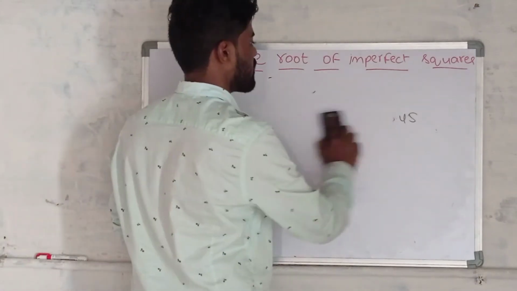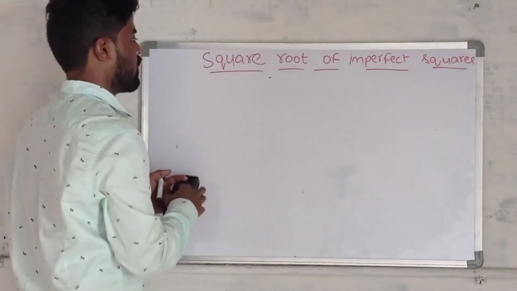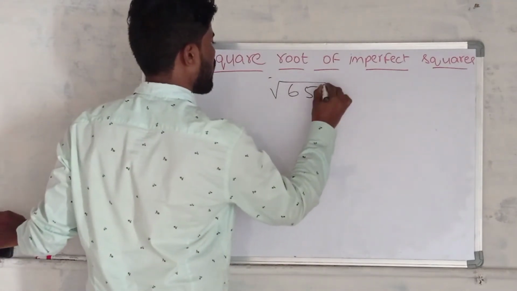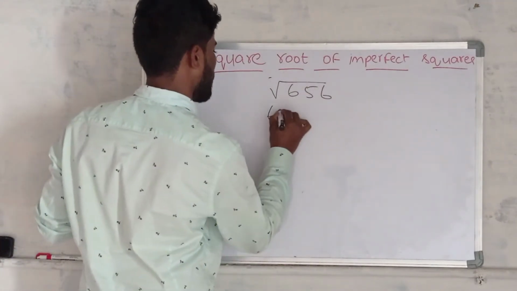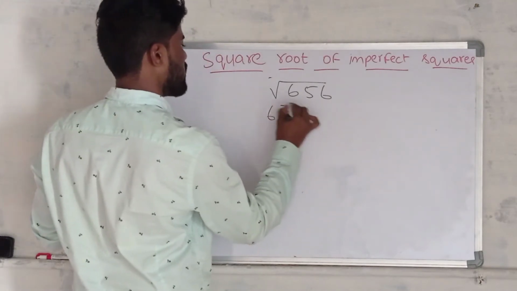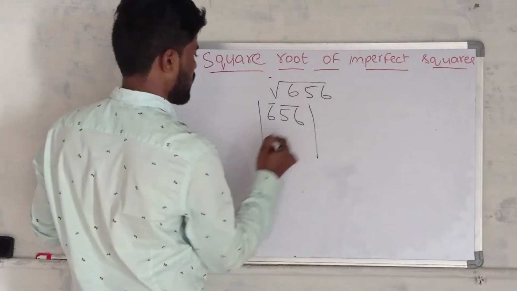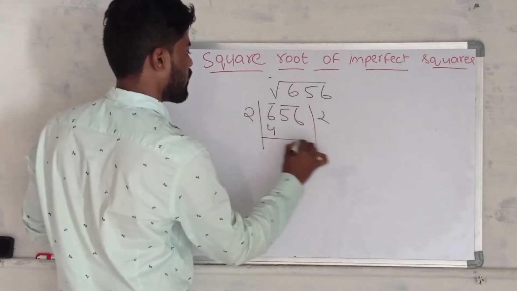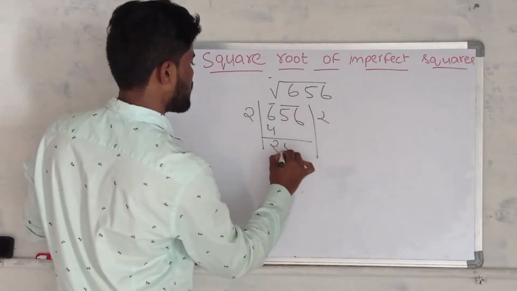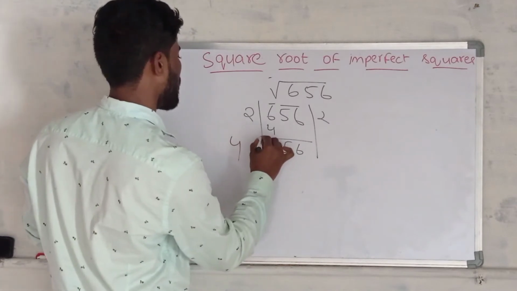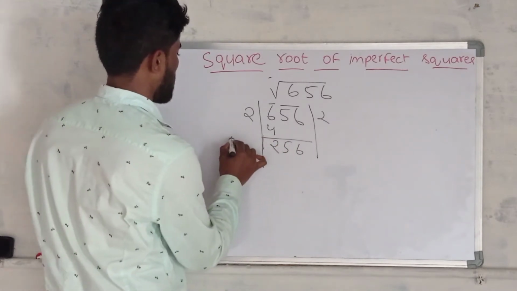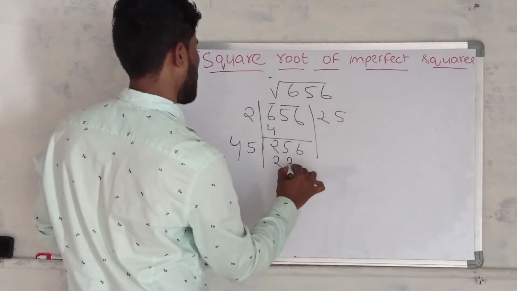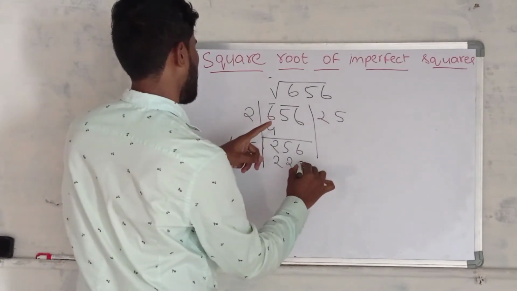Let's solve one more example. Divide this. 2 multiplied by 2, 4. 45 into 5, 225, 200.